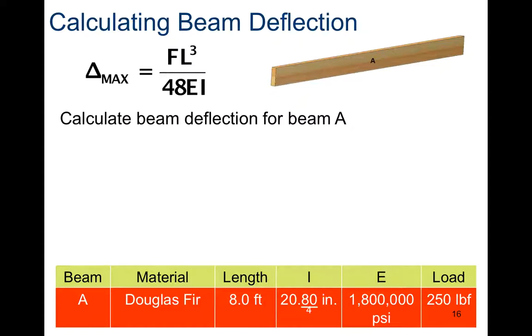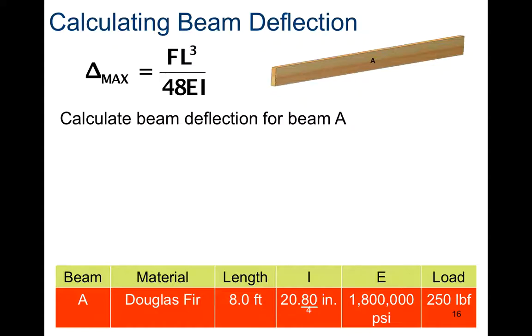So now you can calculate beam deflection using those pieces of information. Force, length, which means the length between the supports, so not including the supports, but between the supports. E stands for modulus of elasticity, that really, really big number, and I stands for moment of inertia.